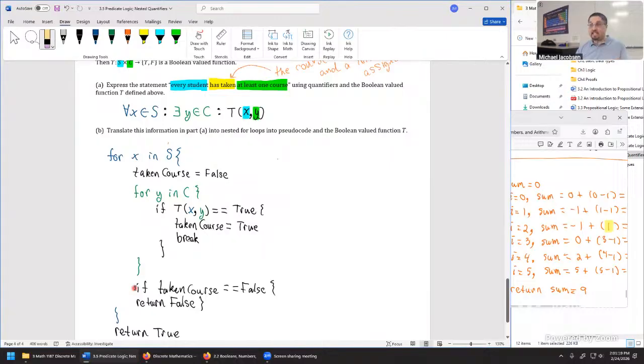The if block right here will execute because taken course is still false. We make that comparison check that executes as true, and then we're not looping anymore. We're going to stop all loops. We're done with the outer one, we're done with the inner one. We're just going to return a false statement.